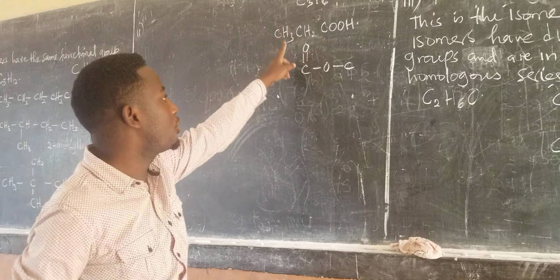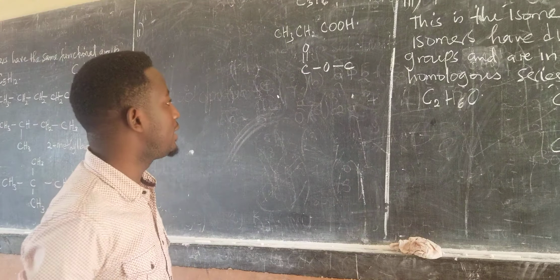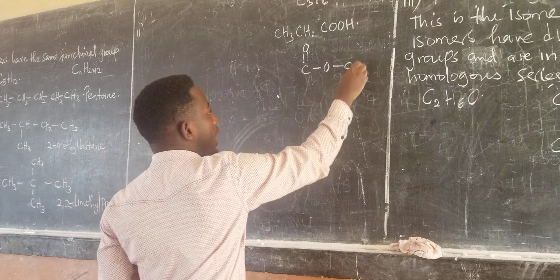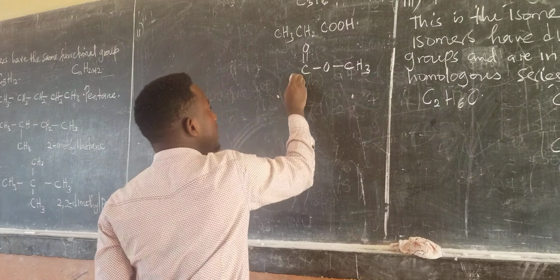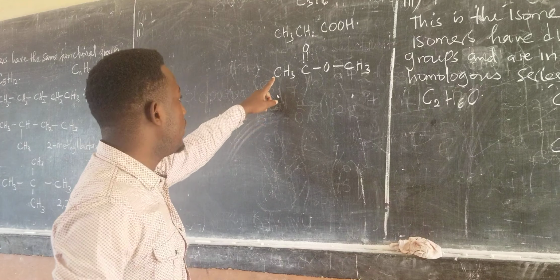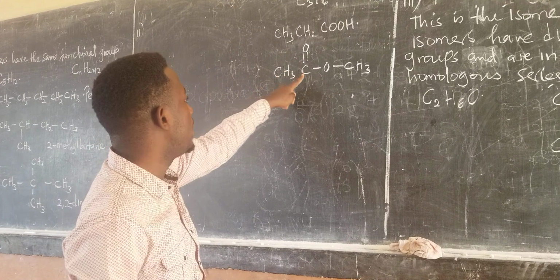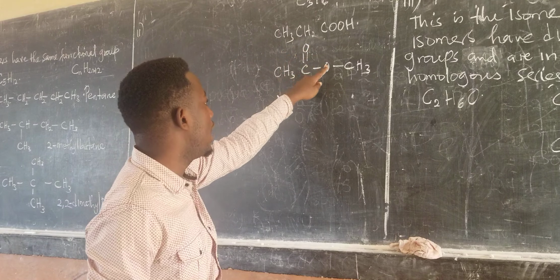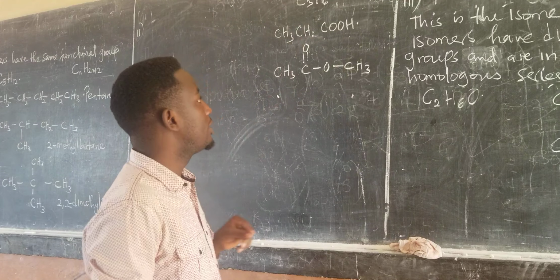This is the functional group of an ester. So in that case, I can create here CH3 and even behind I create CH3. Still it will be carbon, there are 3, oxygen, there are 2, hydrogen, there are 6.